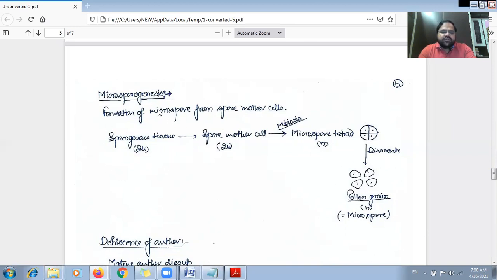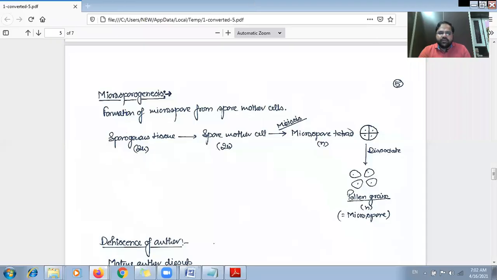The sporogenous tissue consists of the inner cells which we have seen before, formed from the archisporial cells after the periclinal division. This sporogenous tissue forms the spore mother cell, then the spore mother cell forms the microspore tetrad, and after that it dissociates and forms the pollen grain.